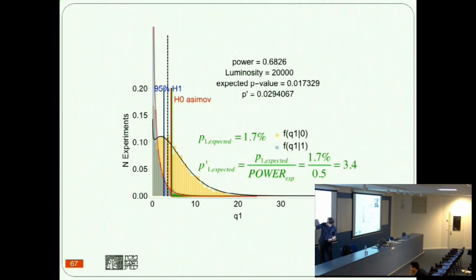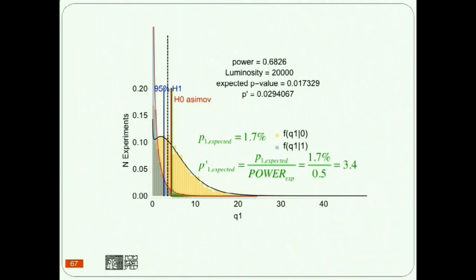And it tells us that this green area is your expectation. P1 expected is 1.7%. This is fantastic. This analysis is fantastic. Luminosity is fantastic. Everything is great. But be careful, because you have to divide this p-value by the power, which is this area here. And the power here is 68%.